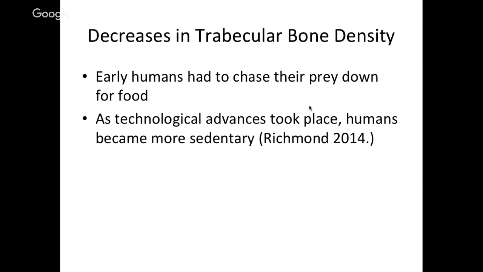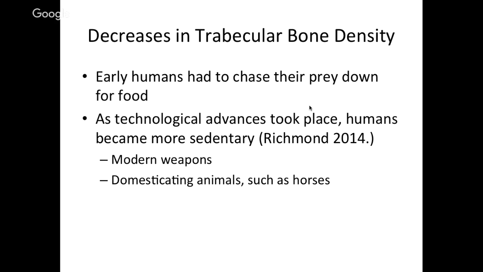Reasons for this increase in sedentary lifestyle can be due to the fact that we no longer need to chase down prey for food, and humans haven't had to do that for a very, very long time. As technological advances took place, humans became more sedentary. Some of these advances are the invention of modern weapons like guns or bows and arrows, and the domestication of animals such as horses, because then they didn't need to run around, they could ride the horses.